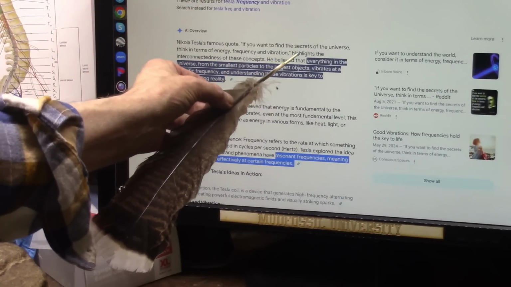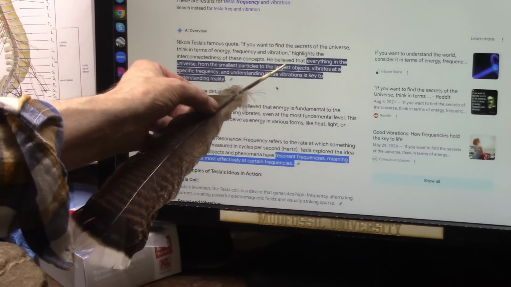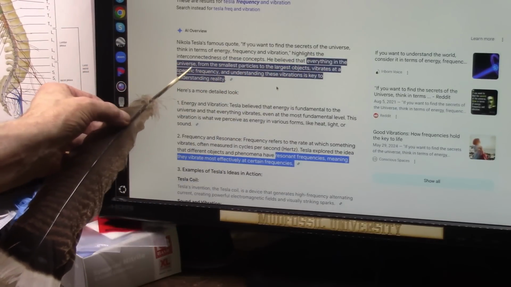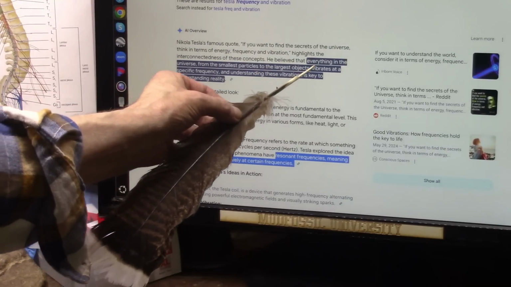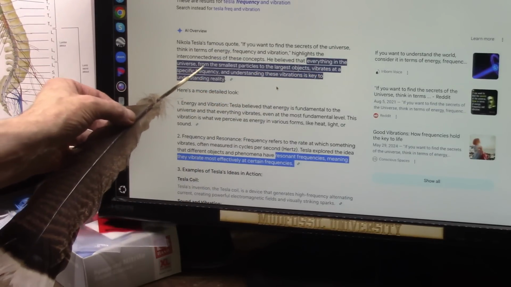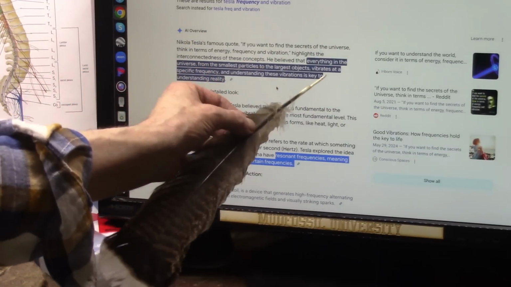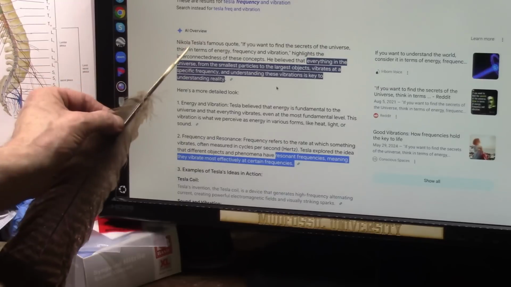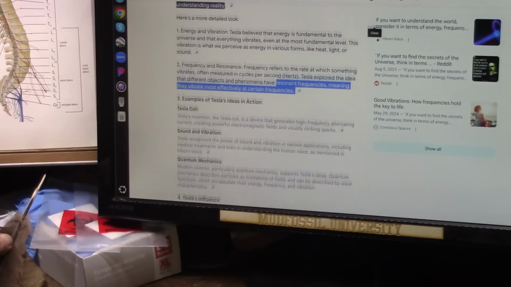And then in quotation, it says, highlights the interconnectedness of these concepts. He believed that everything in the universe, from the smallest particles to the largest objects, vibrate at a specific frequency, and understanding these vibrations is key to understanding reality. Well, that's a yes and a no in my world.